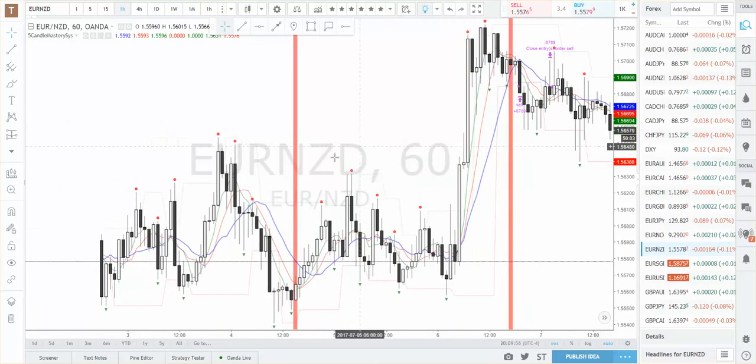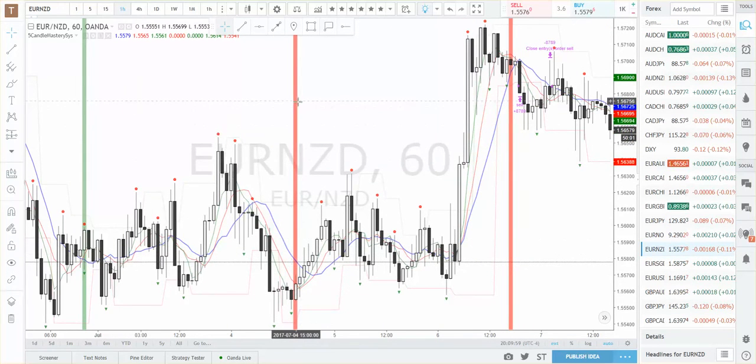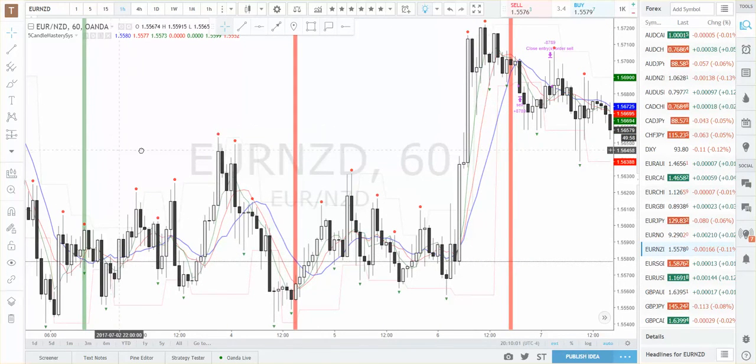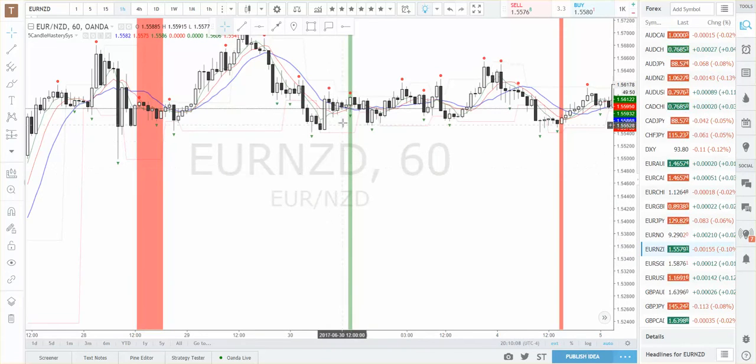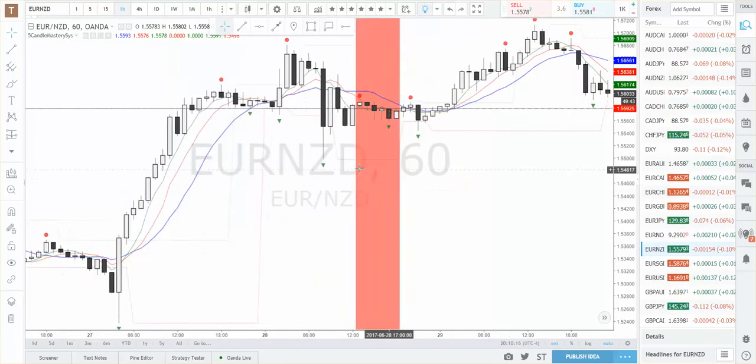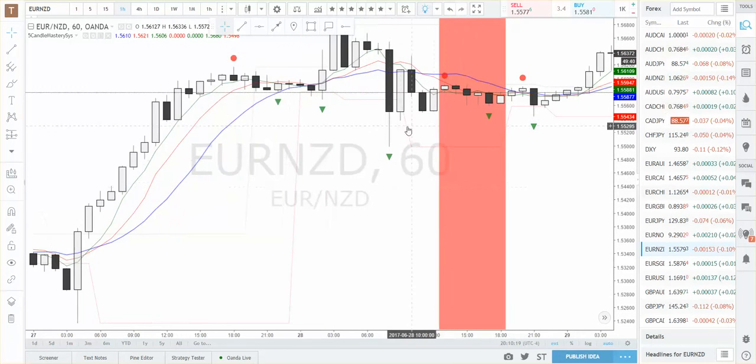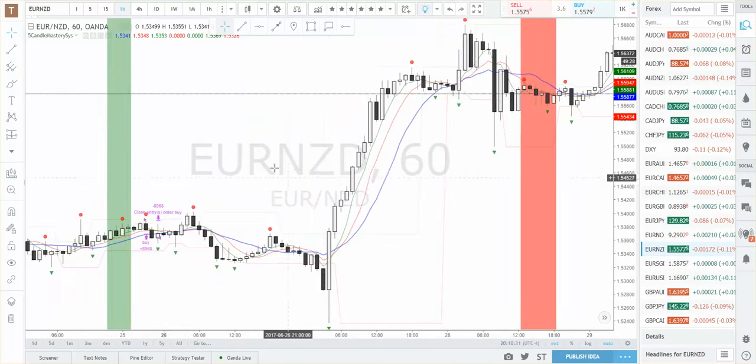So there are going to be instances where you will only see the red line, and what that means is the setup was there, but it never triggered. In these cases, the setup just never triggered. You never got that break above, you never got that break below. This is another example where it was looking for this fractal low here, there was a setup here, but it just never broke down.